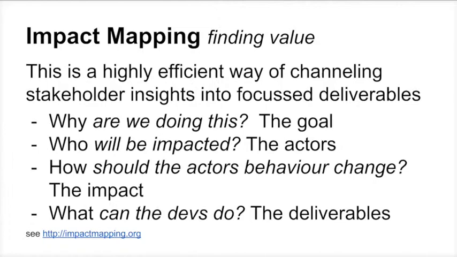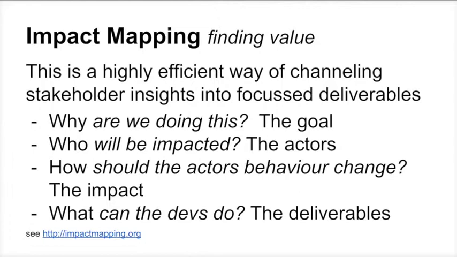The impact mapping process contemplates going through a number of fairly straightforward steps in order to accomplish essentially the collection of a number of features that the development team should focus on a priority basis.